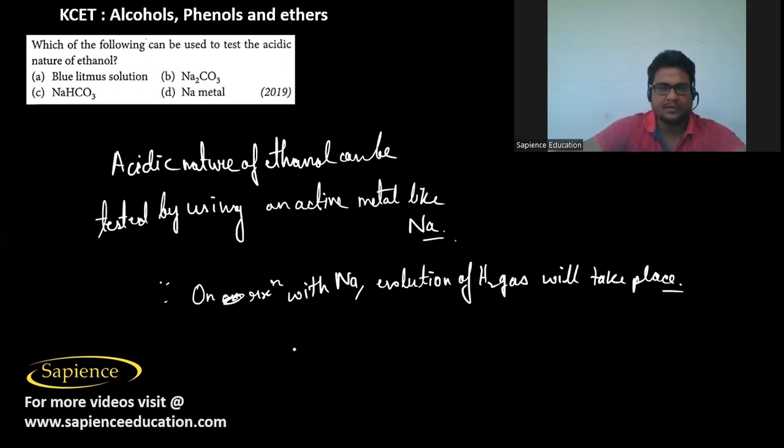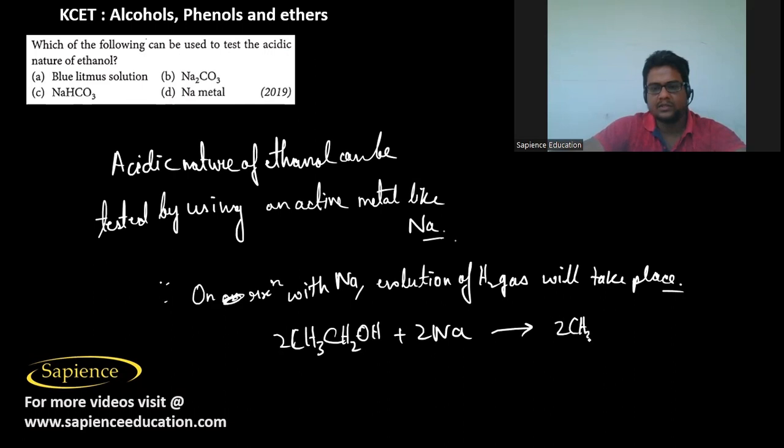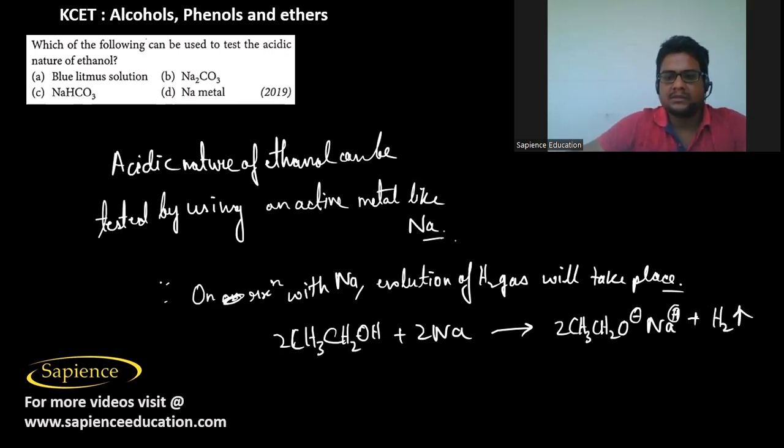So the ethanol, which is CH3CH2OH, will react with sodium to produce CH3CH2O⁻ Na⁺ plus H2 gas, which will be evolved.